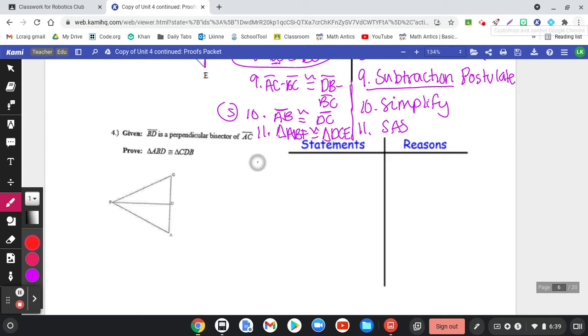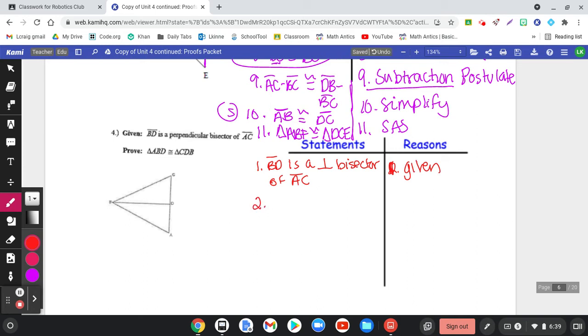First of all, let's get our given. If you want to pause the video, you can. BD is a perpendicular bisector of AC. And that's our only given. So number 2, we can either start with that or we can look for any freebies.